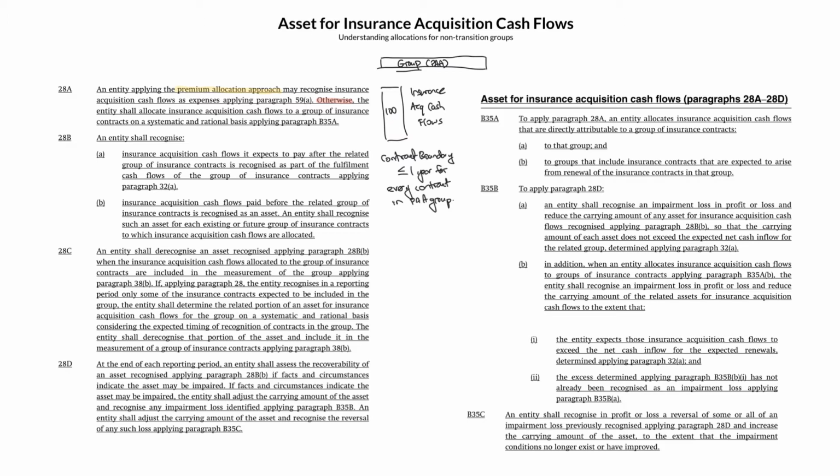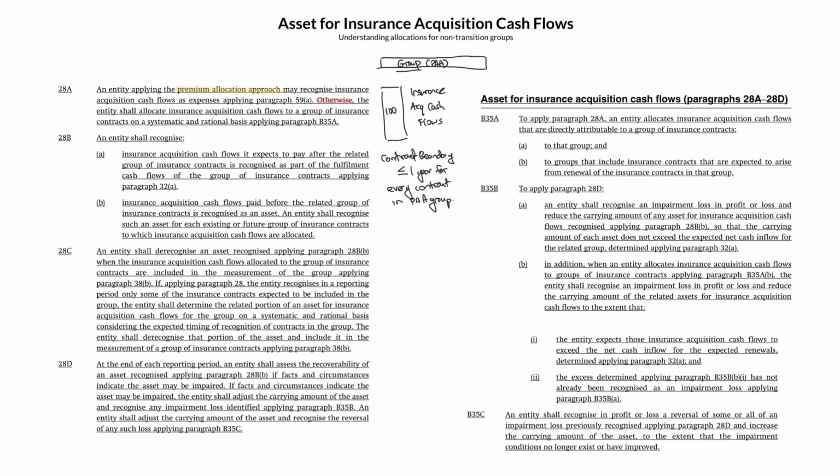Now here's the key word. The key word is otherwise. If you read this word for word, it is saying that if you apply the PAA, then under paragraph 59A, you can recognize all of this if your contract boundary is less than or equal to 1 year. So let's assume we do recognize that.